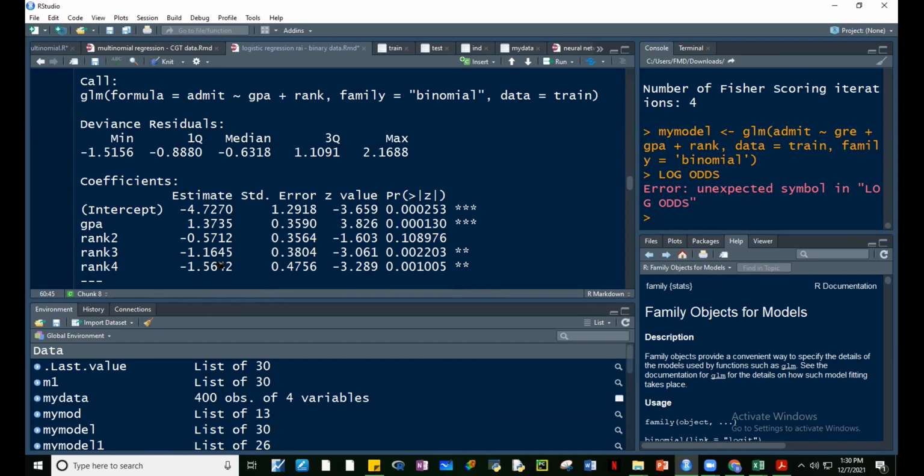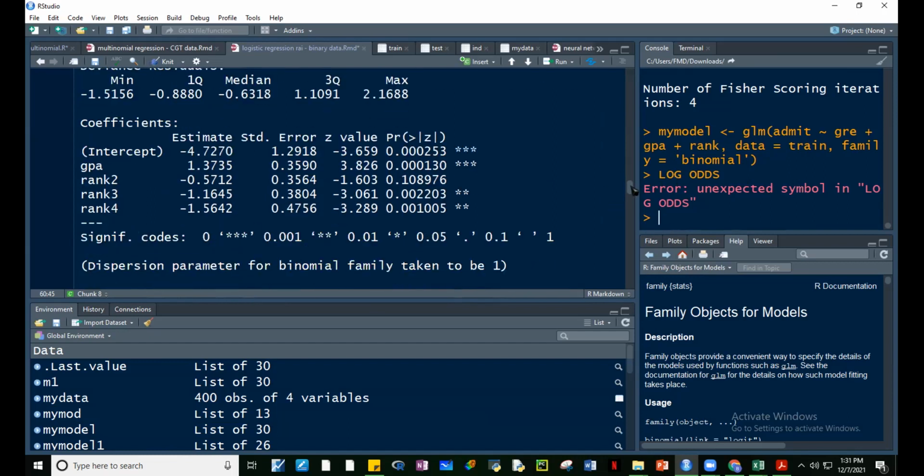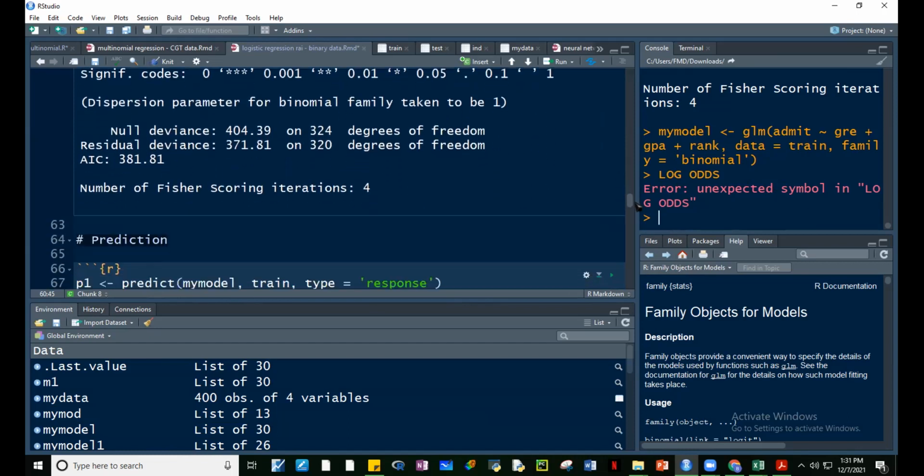Lalo na si rank 4, for every si mga rank 4 daw guys, they have 1.5642 less log odds chance of being accepted to the university. Okay, so this will be our final model, and let's interpret this further.